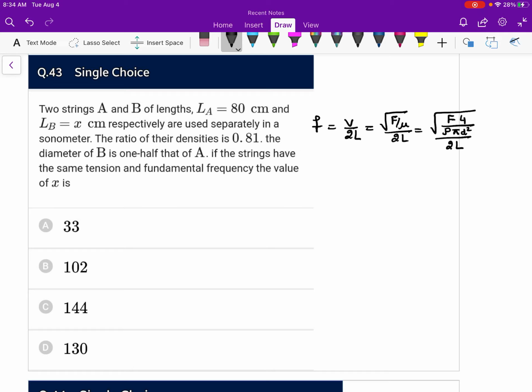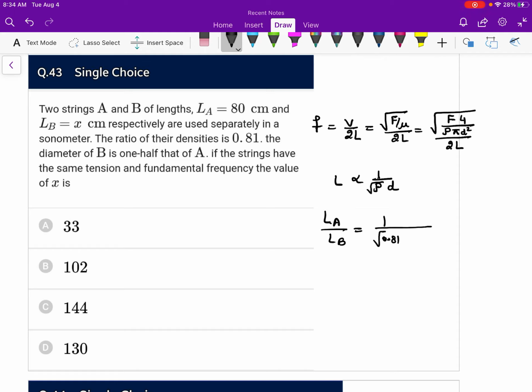Now both wires have the same fundamental frequency and same tension, density different, diameter different, and length we are going to relate. So we see that length is proportional to 1 upon under root rho into diameter. So LA upon LB is 1 upon the rho ratio. The ratio of their densities A is to B is 0.81.